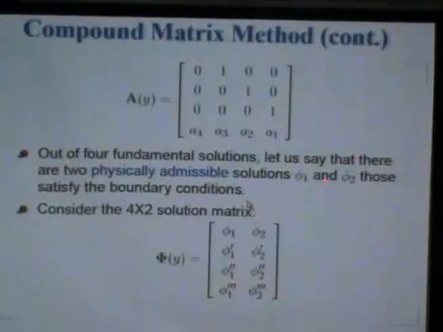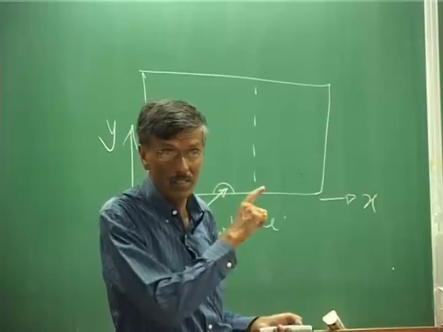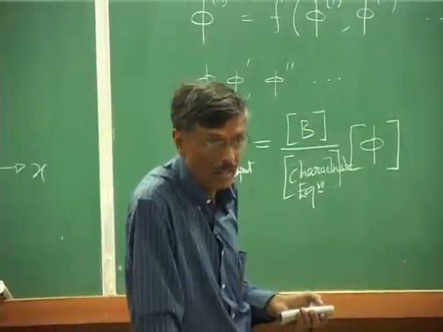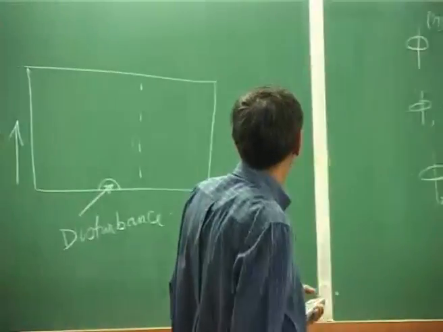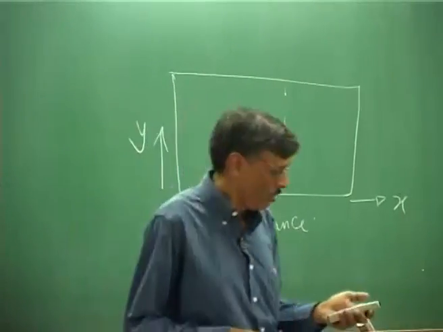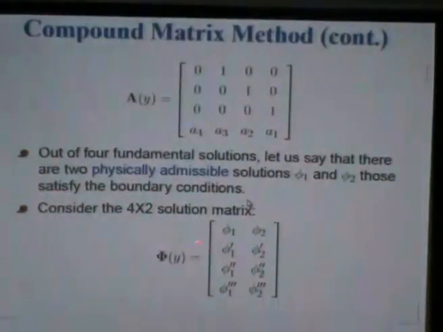Let them be phi 1 and phi 2. So, they actually satisfy the boundary condition. You may find that the other 2 would not satisfy your physical conditions, that what we said, that it should decay with y. So, those 2 are of no concern to us.